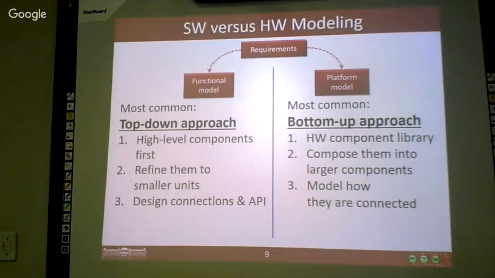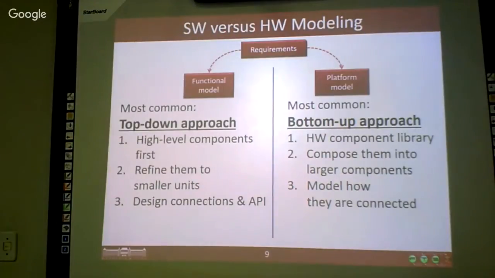Usually at the functional model, when we are designing the functions of our system, we use top-down approaches. We define the high-level components, high-level functions, and refine them to smaller units. And then we design the connections and the APIs. On the other hand, when we model the platforms, we usually use bottom-up approaches.